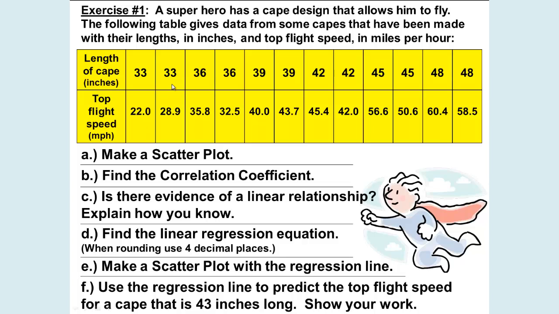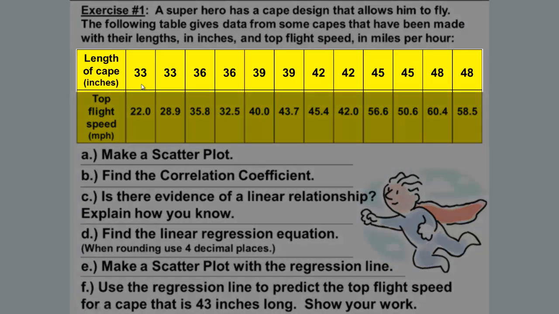For another cape with a length of 33 inches, he attained a top flight speed of 28.9 miles per hour. For the rest, I will read the lengths of the capes as 33, 33, 36, 36, 39, 39, 42, 42, 45, 45, 48, and 48.